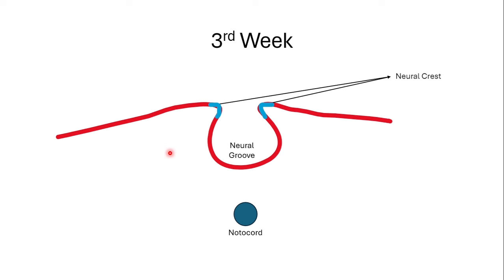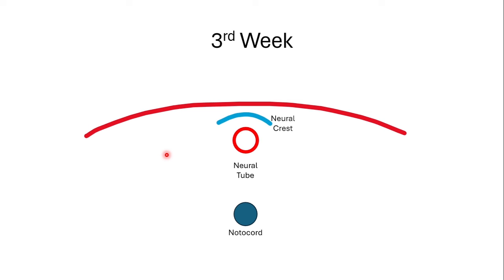Then an extra invagination starts happening, and then the neural fold endings here form this crest called the neural crest, and then the invagination completes, and now we have a closed tube, and the neural crest separates like we see here.